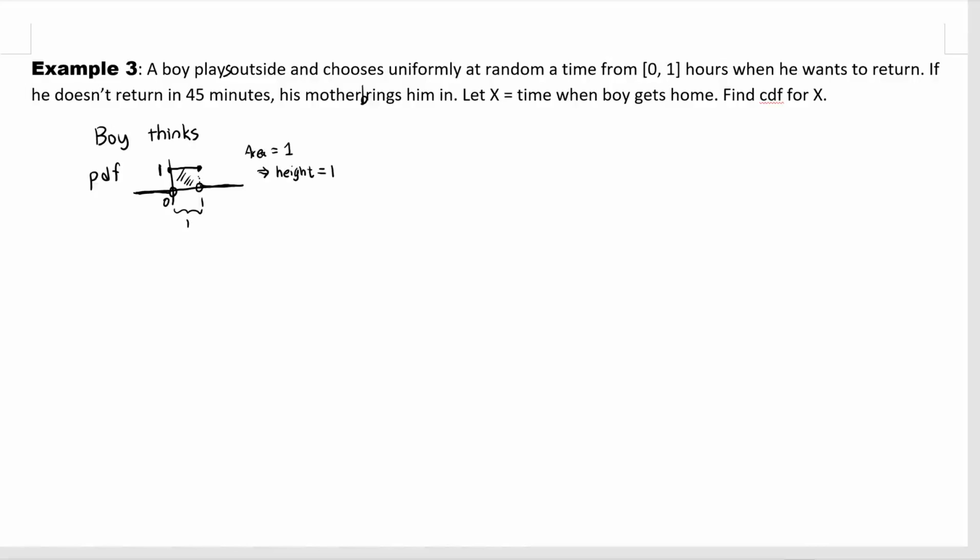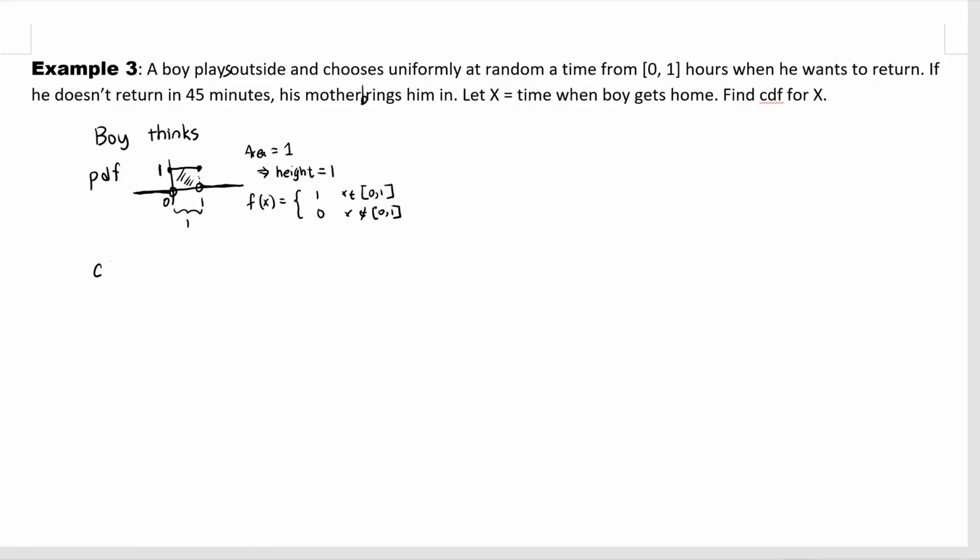If you want to use a formula to denote that, f of x is 1 if x is between 0 and 1, and 0 if x is not in 0, 1. This is how we denote it.